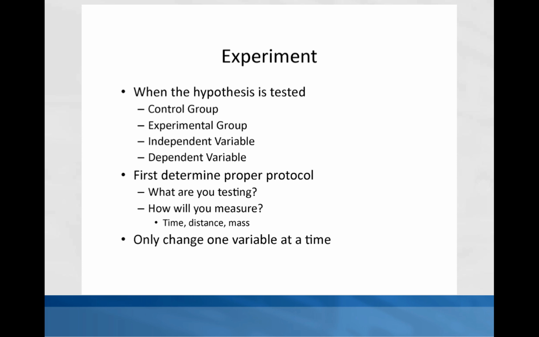And it's important you only change one variable, because if you start saying height and weight are going to change, well, what do you know is the result of what you're testing? Just do one of those. You don't want to do any more, because you just make your results a mess.